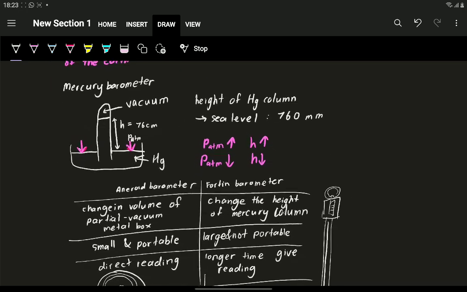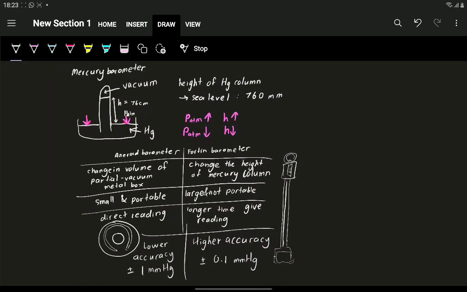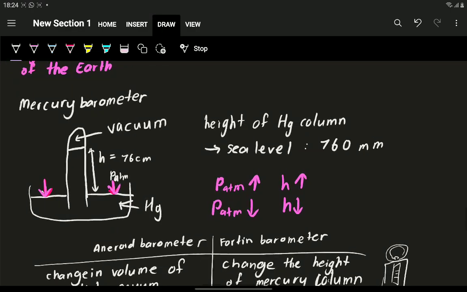So there are three instruments we can use to measure atmospheric pressure. The first one is the mercury barometer. We can see right here, it has mercury, it has vacuum.